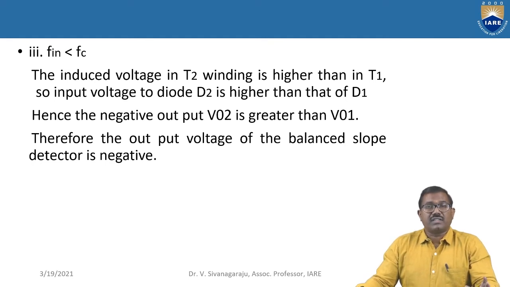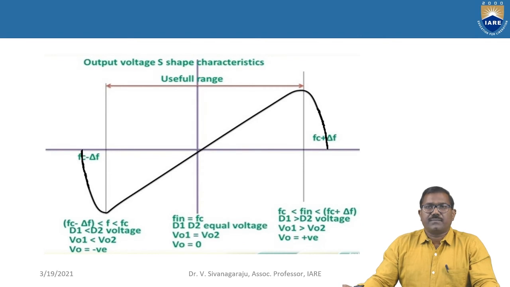So we're having the three cases. In the first case, we're having the zero output. In the second case, we're having positive. In the third case, we're having negative. So here you can see it graphically. Fin equal to Fc gives 0, and Fin in between Fc and Fc plus delta F gives positive.